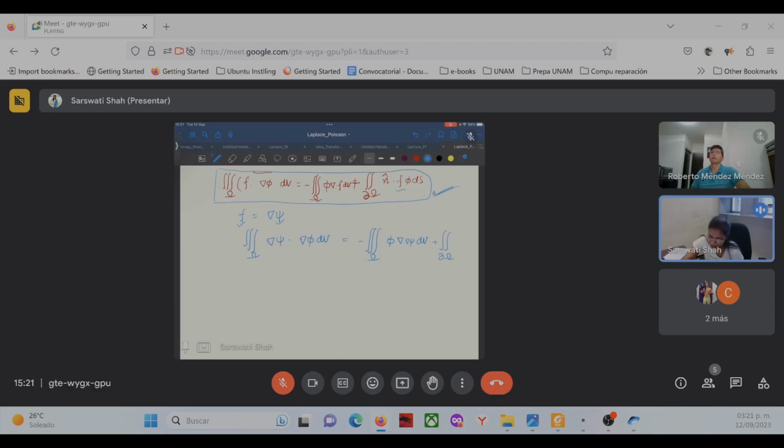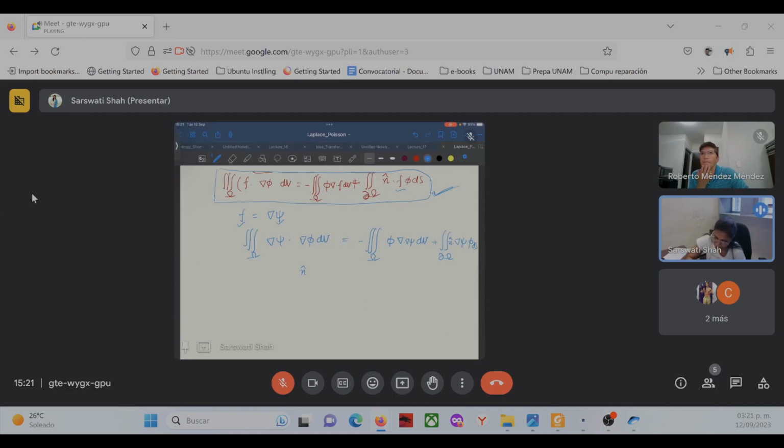So f is the gradient of psi, and n dot gradient of psi times phi dS.